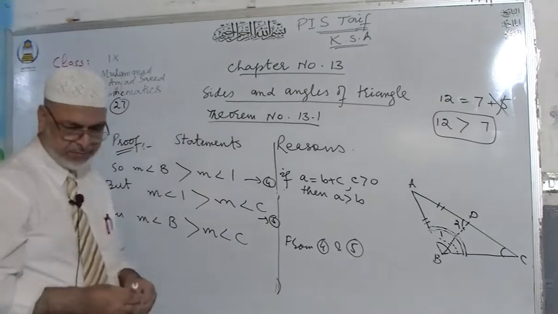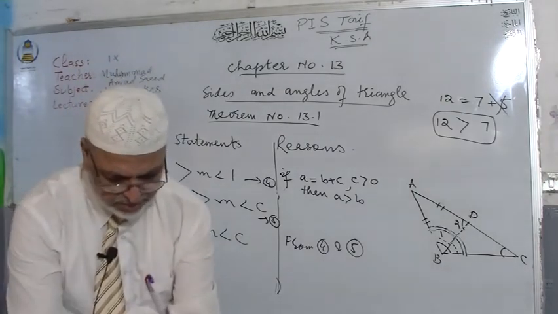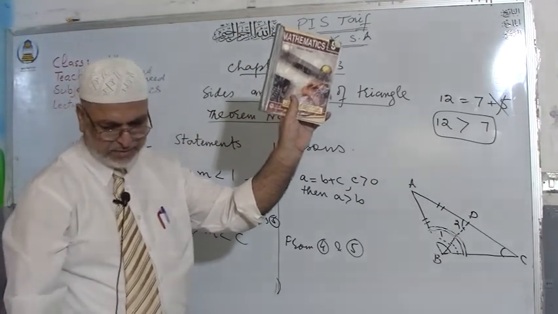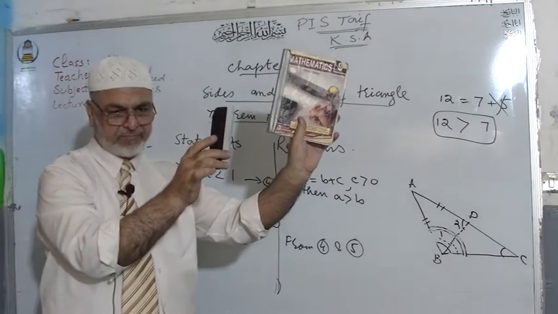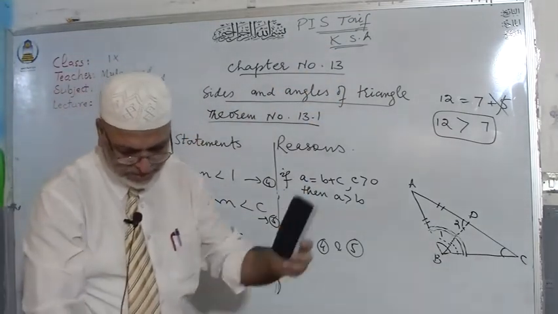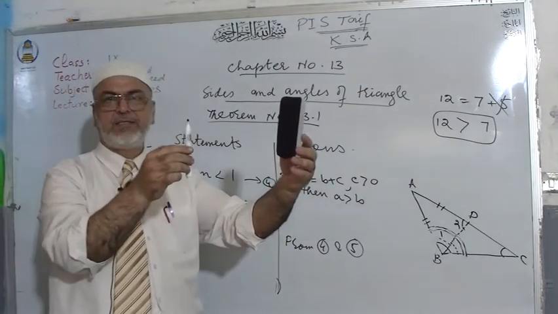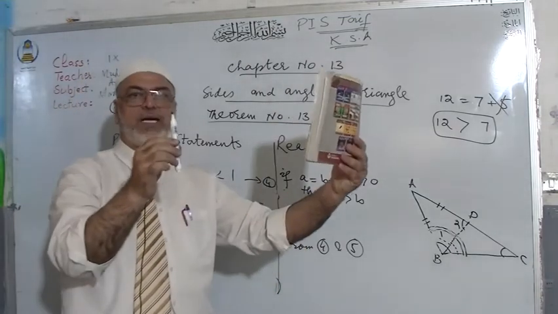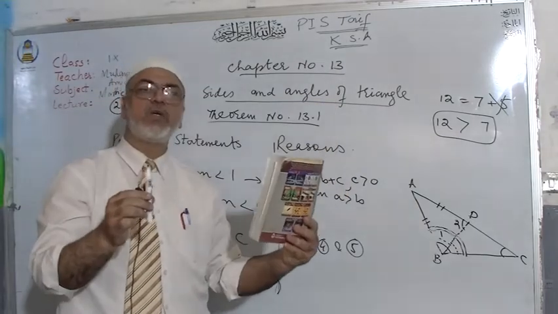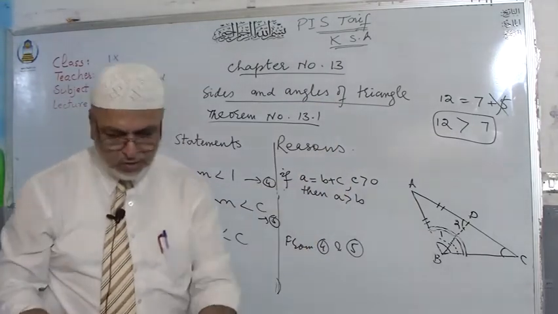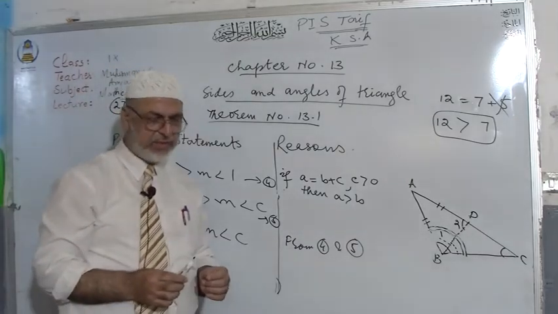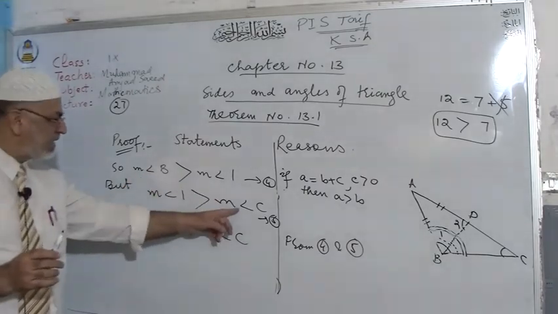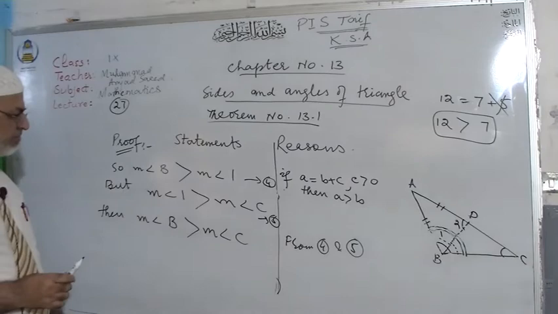For example, this book is larger than the duster, and the duster is larger than the marker. So, the book will be larger than the marker. This is known as the transitive property of inequality. B is greater than 1, 1 is greater than C, then B is greater than C. And this is your result.